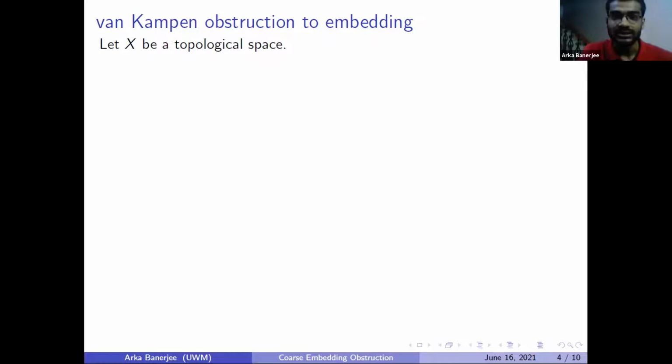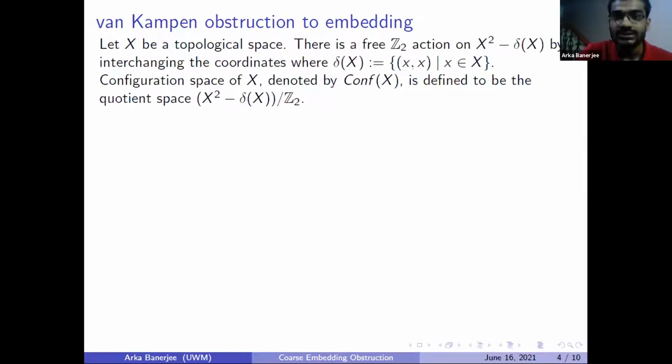There's no metric there, it's just a topological space. The main construction here is this: starting from X, you take the Cartesian product of X with itself, X squared, and there is a diagonal copy of X sitting inside that. You look at the complement, X squared minus delta X, which is really just pairs of distinct points.